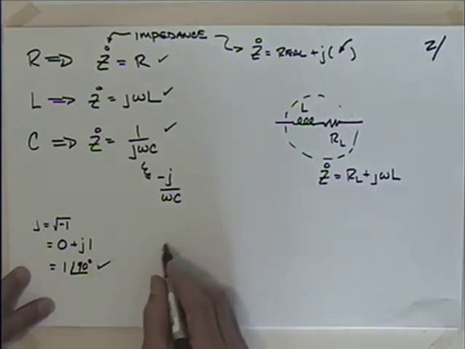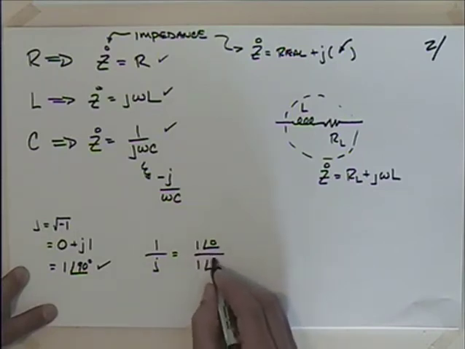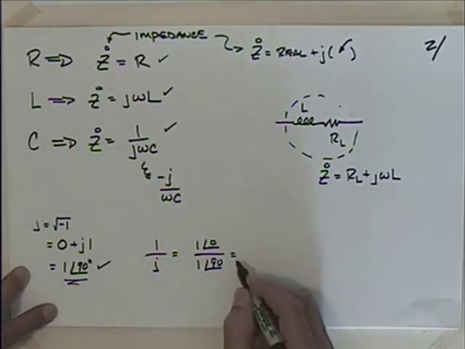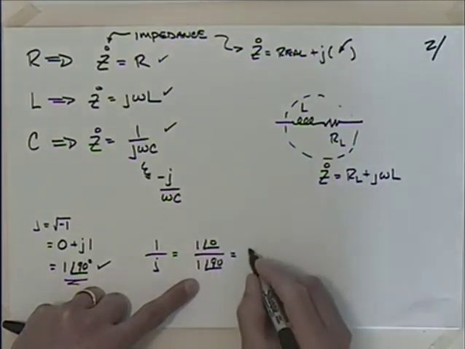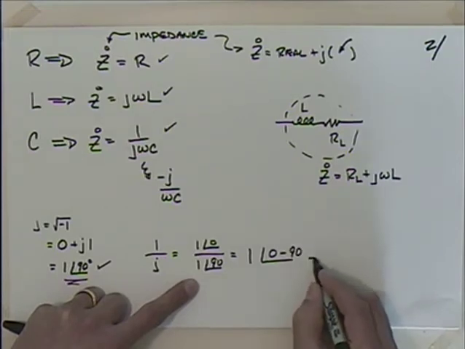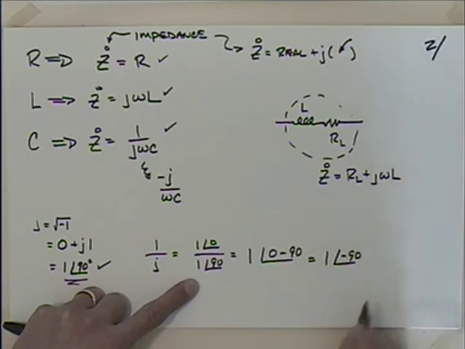So if I say that I have 1 over j, I could really say that that's equal to 1, which is really 1 at 0, divided by 1 at 90. So I'm using that one right there. And when I divide complex numbers, I divide the magnitude and subtract the angles. So that's going to be 1 at an angle of 0 minus 90, so I get 1 at minus 90.